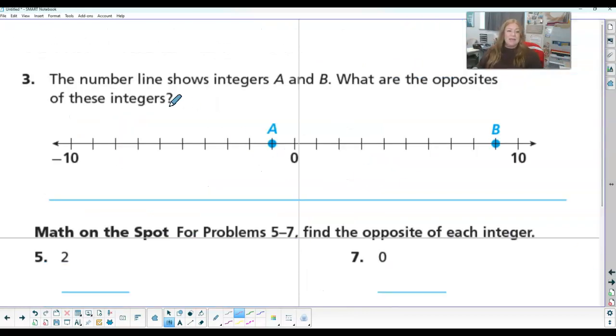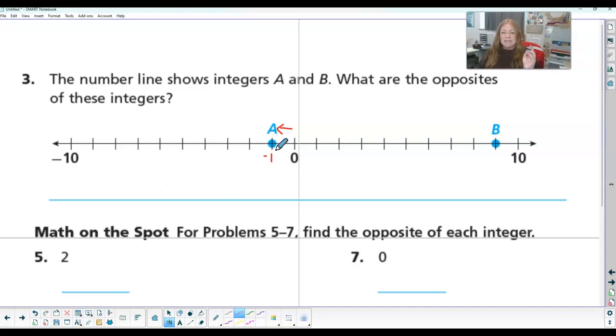Okay, number 3 says the number line shows integers A and B. What are the opposites of these integers? So here we're at 0, and it goes to the left 1 place. So A is really at -1.